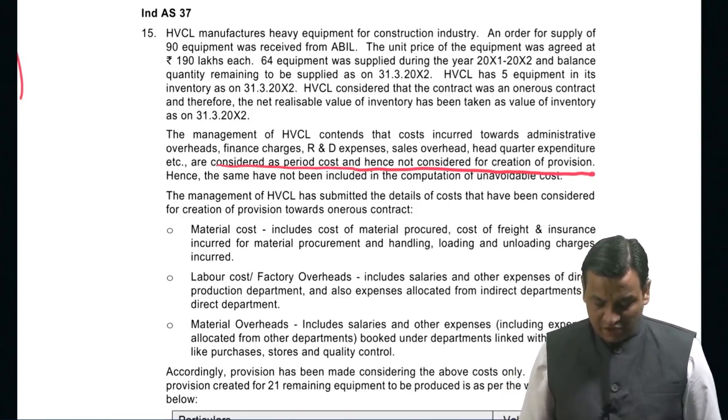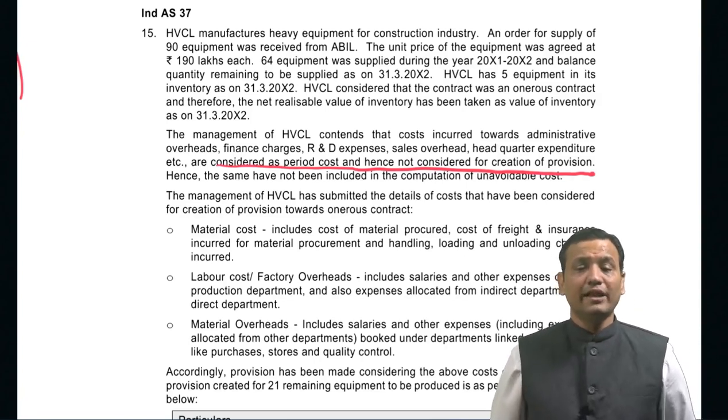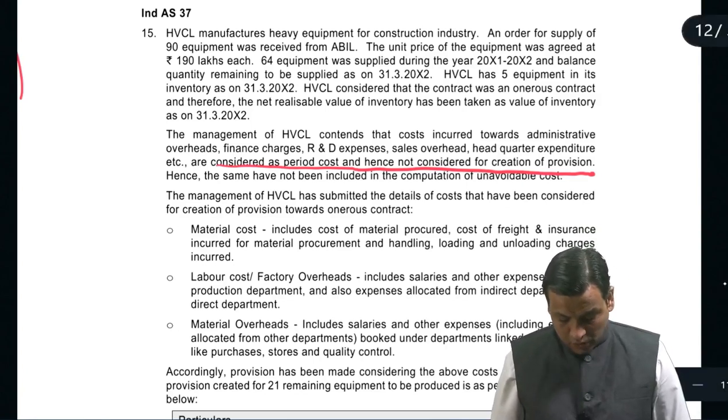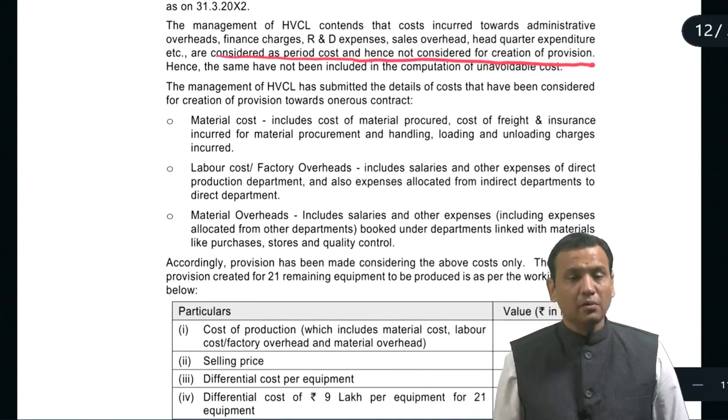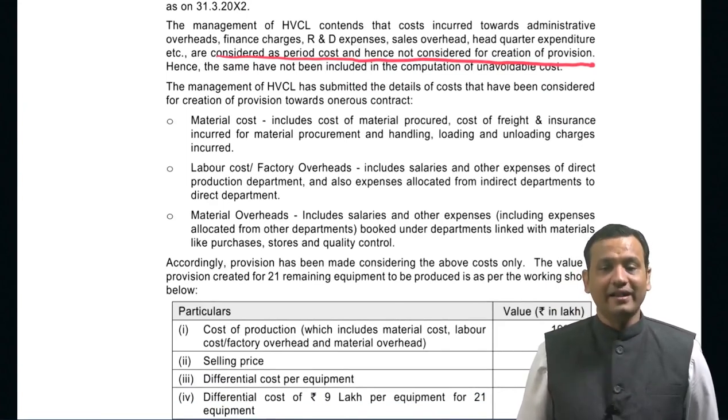The management of HVCL has submitted the details of cost that have been considered for creation of provision towards the onerous contract. Material cost includes the cost of material procured, cost of freight and insurance incurred for material procurement, and handling, loading and unloading incurred.